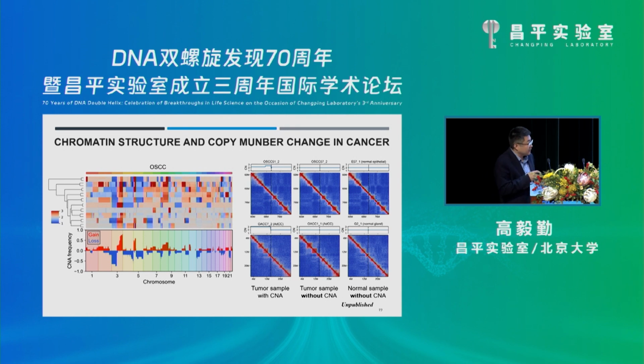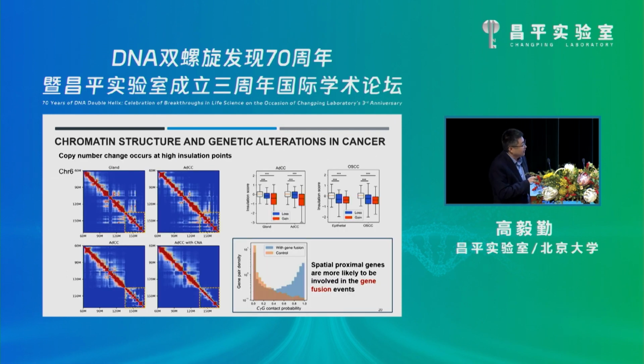So those are the isolated domains that tend to have copy number variations. You can see this is basically the statistics, and these are four examples. The first one is a normal tissue. You will see that Hi-C has a lot of long-range interactions, and the second and the third are from cancer patients.